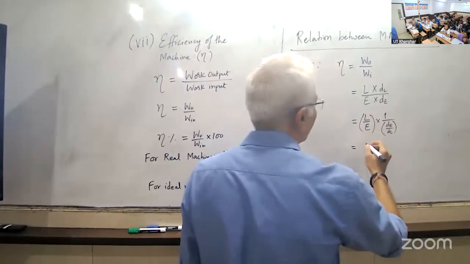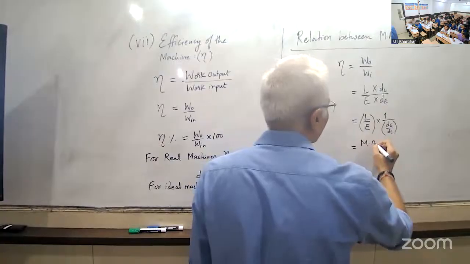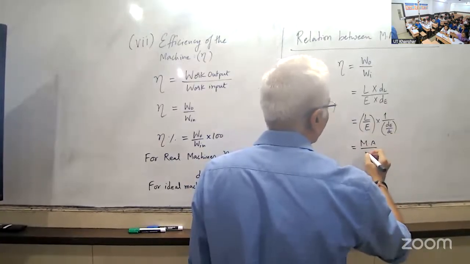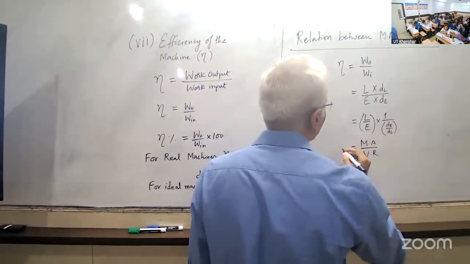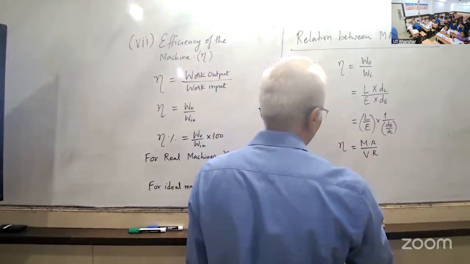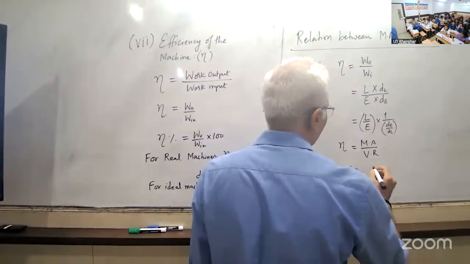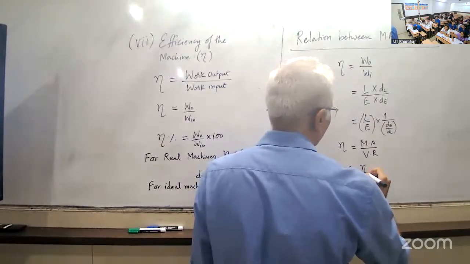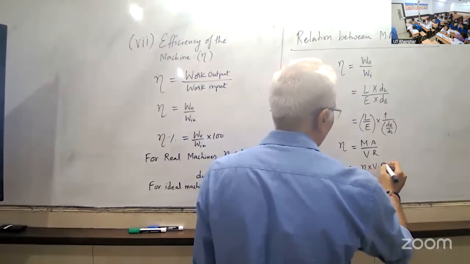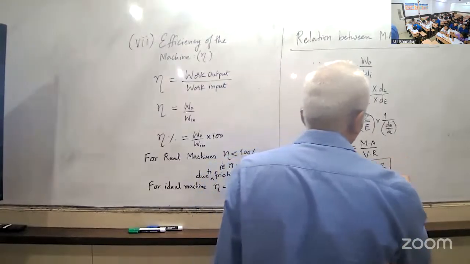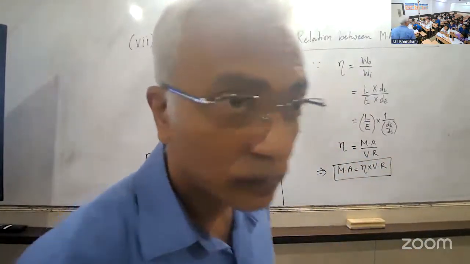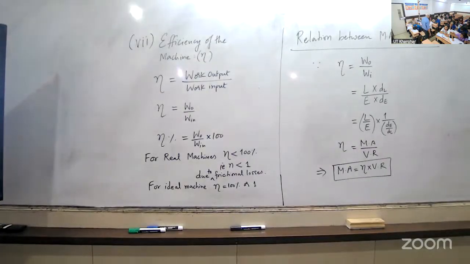Now what is L by E? MA, and what is D by DL? So this means we have... so this is the relation between mechanical advantage.